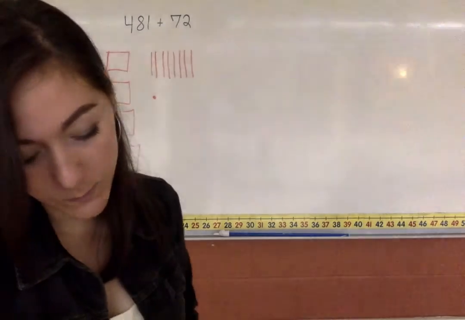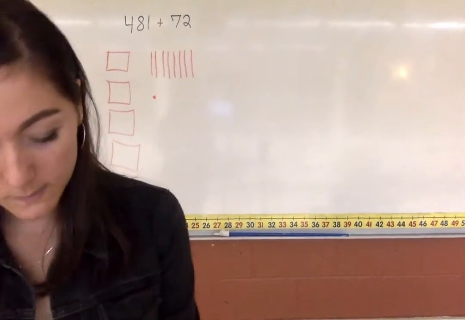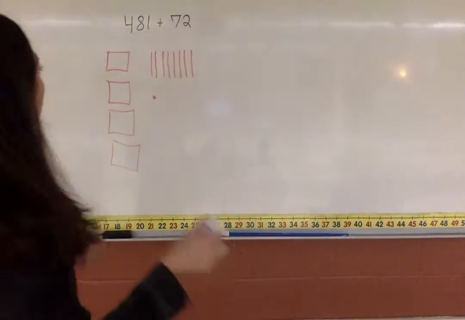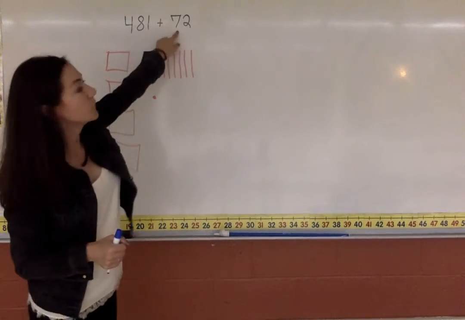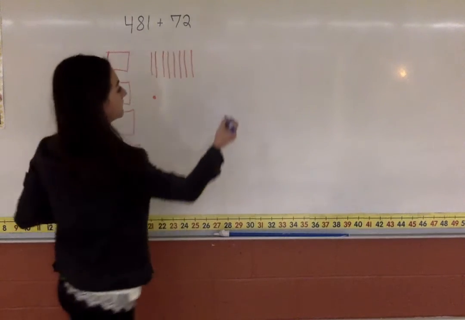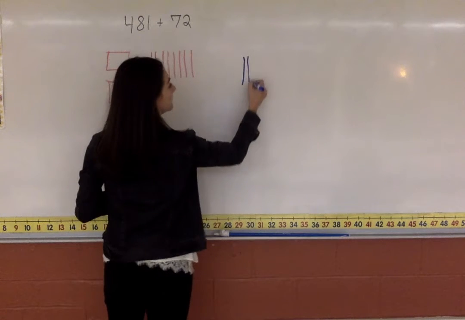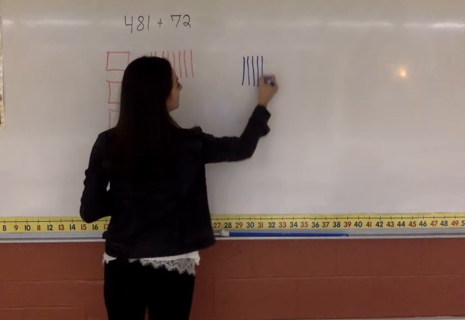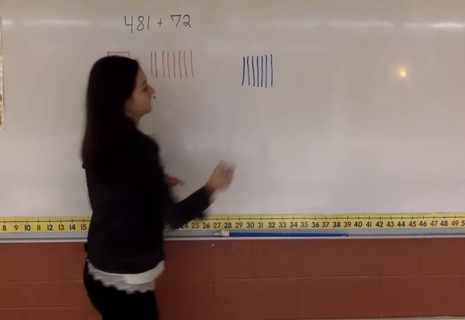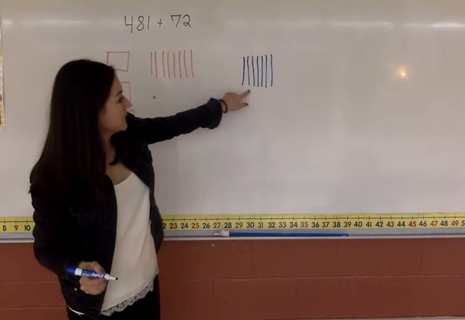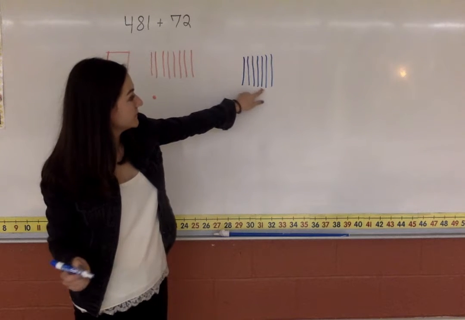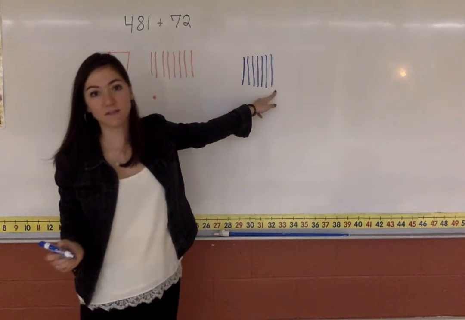Now we are going to build the number we need to add onto it. So 7 in my tens place: 10, 20, 30, 40, 50, 60, 70, or 7 tens.